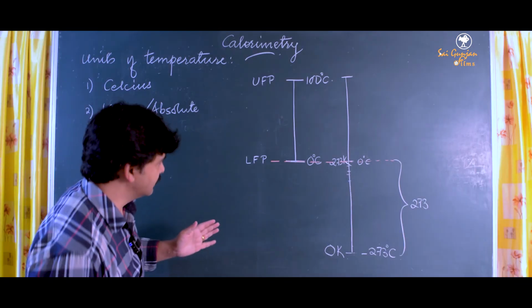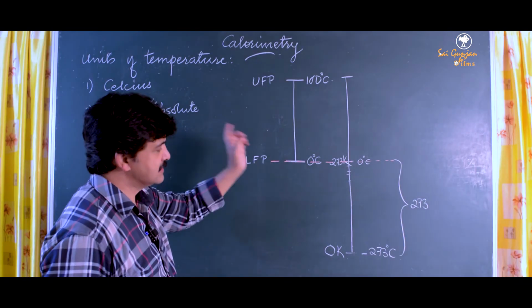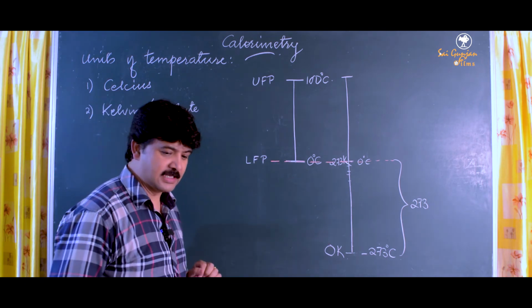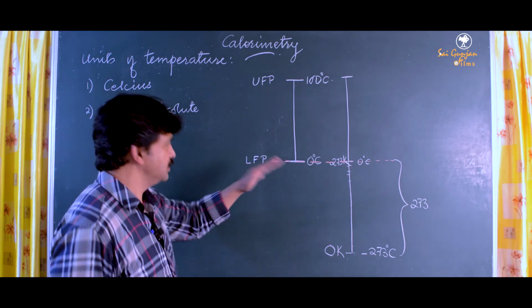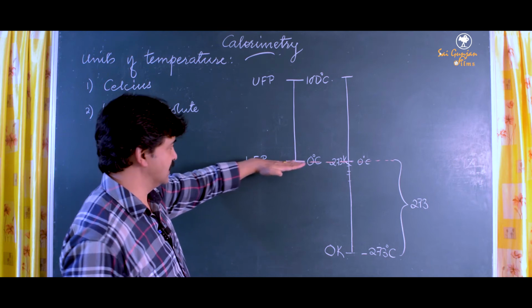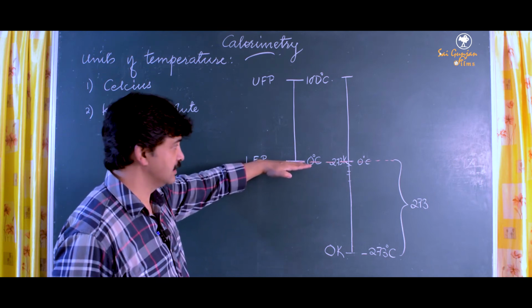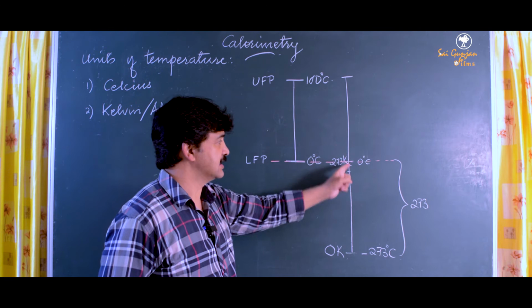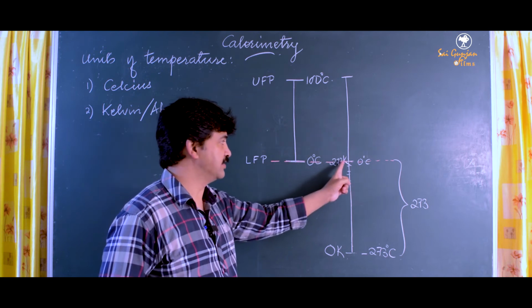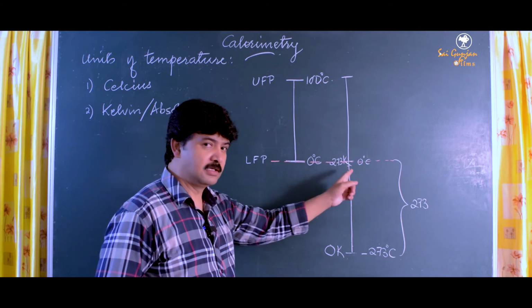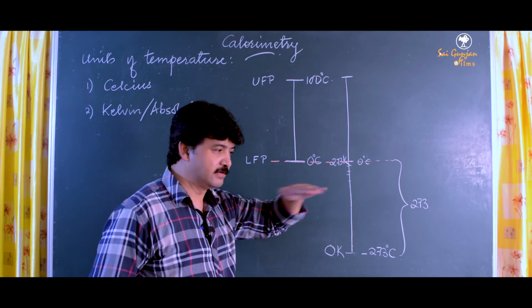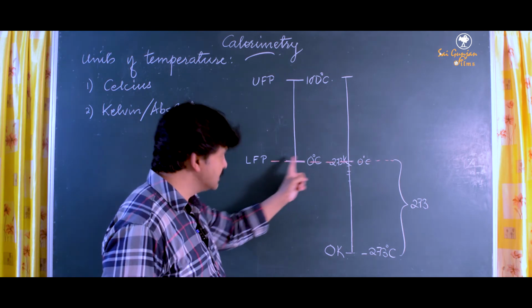Now let's see the relation between the Celsius and Kelvin scales of temperature. You see this temperature is 0 degrees Celsius, but in Kelvin it is 273 Kelvin, but they mean the same temperature, only the readings are different.